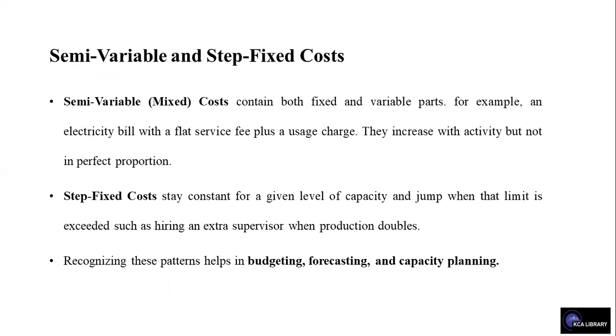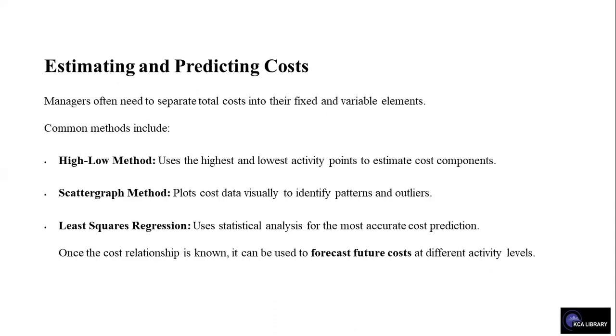Step fixed costs stay constant for a given level of capacity and jump when that limit is exceeded, such as hiring an extra supervisor when production doubles. Recognizing this pattern helps in budgeting, forecasting, and capacity planning.